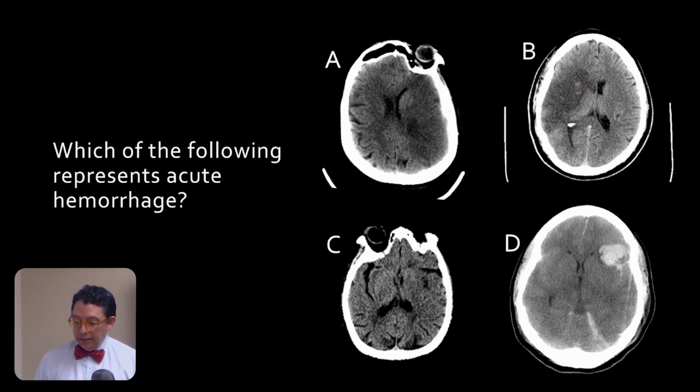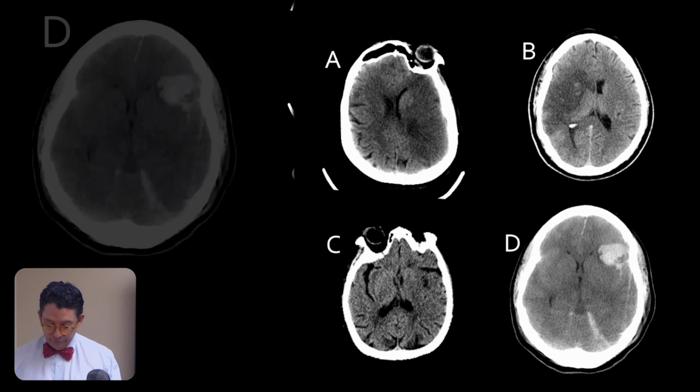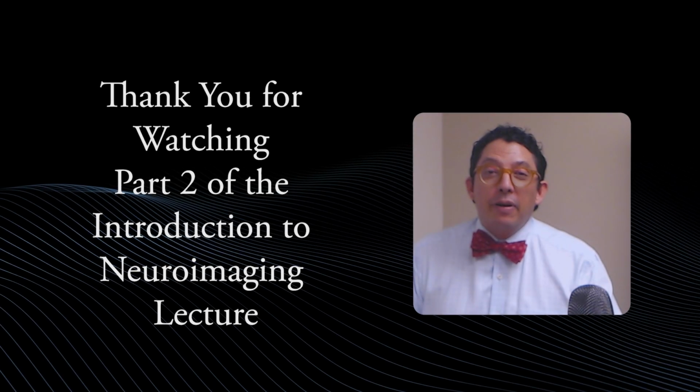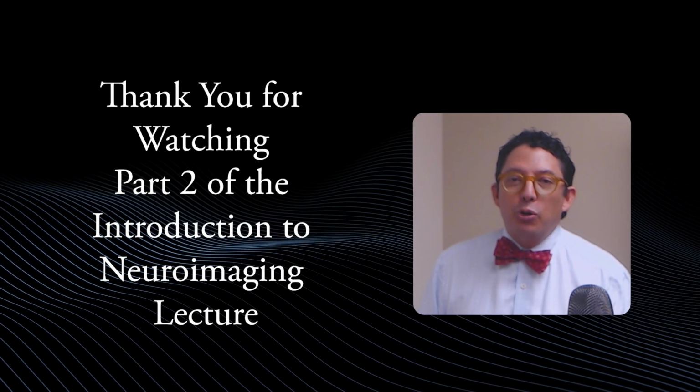A and C, actually A has clearly a hypodense lesion, which was a stroke, which we had already seen previously in the lecture. So D. And this concludes part 2 of this lecture.